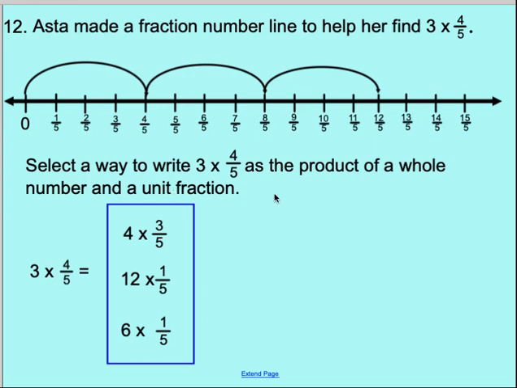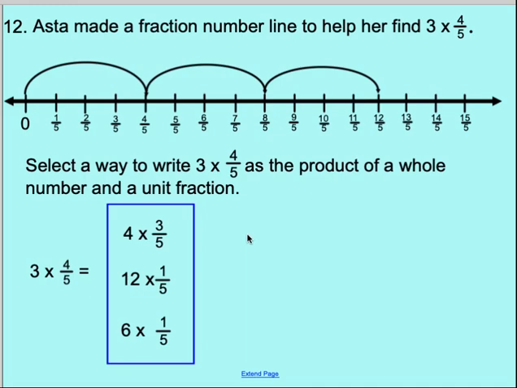Okay, so basically we're trying to figure out what would be the same as 3 times 4/5. Okay, so let's look. This is one group of 4/5, 2 groups of 4/5, 3 groups of 4/5. Okay, so we landed on 12/5. That's the answer to this here.